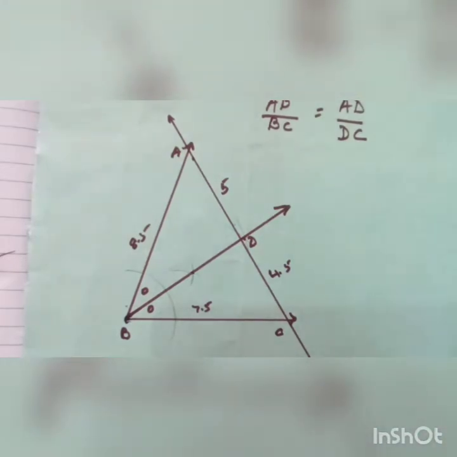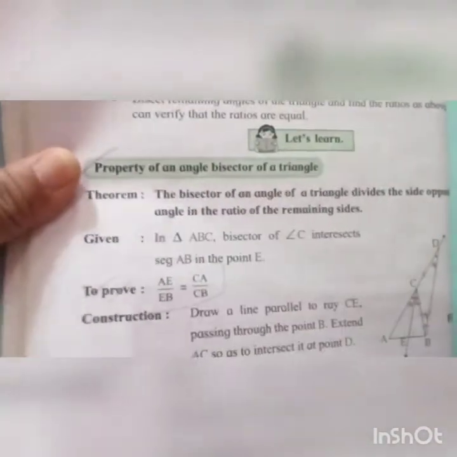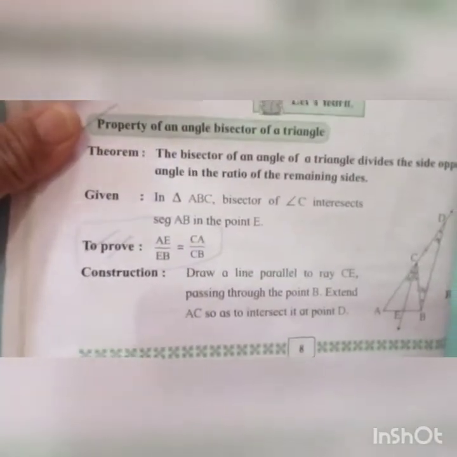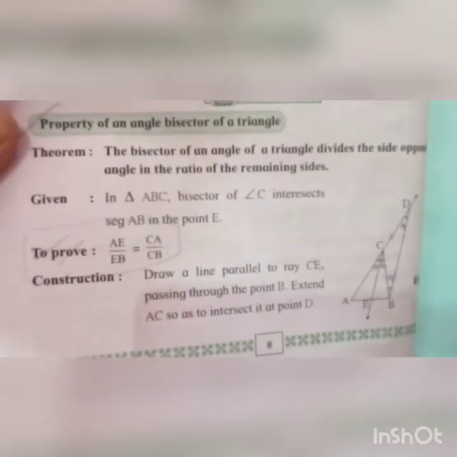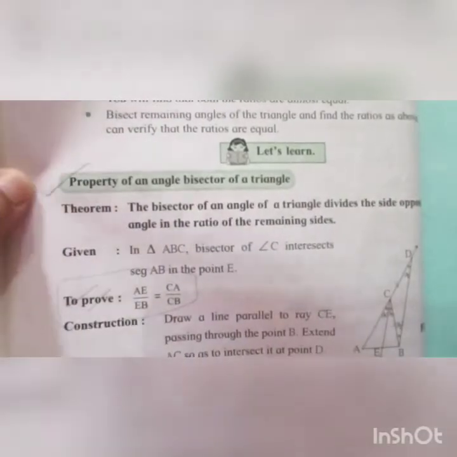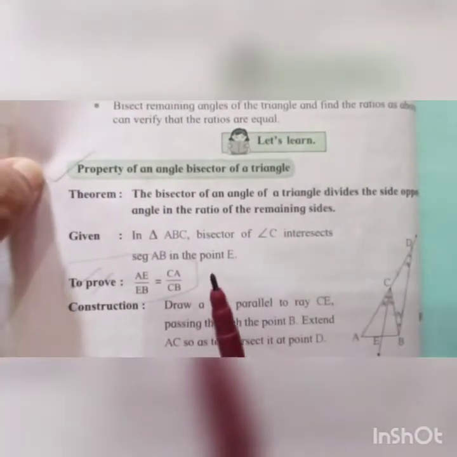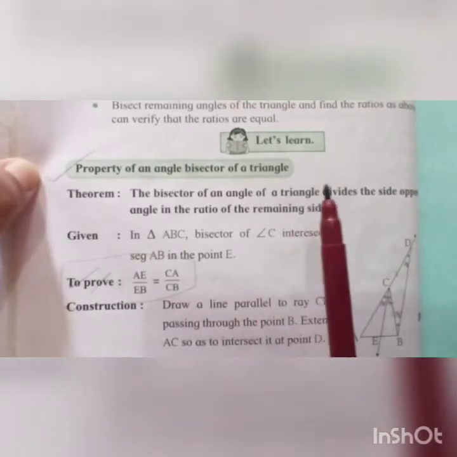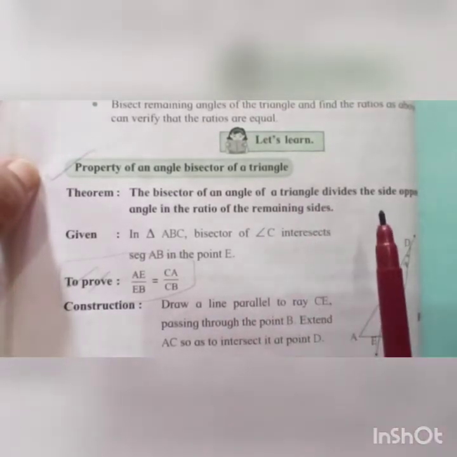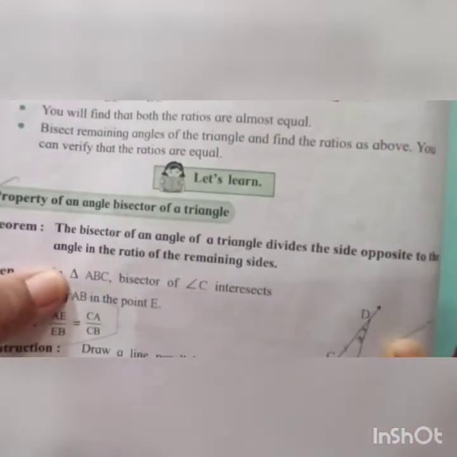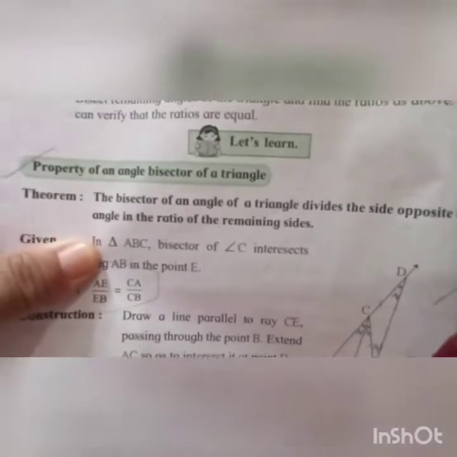So the angle bisector theorem states that, come to page number 8 of the textbook, property of an angle bisector: the bisector of an angle of a triangle divides the side opposite to the angle in the ratio of the remaining sides.